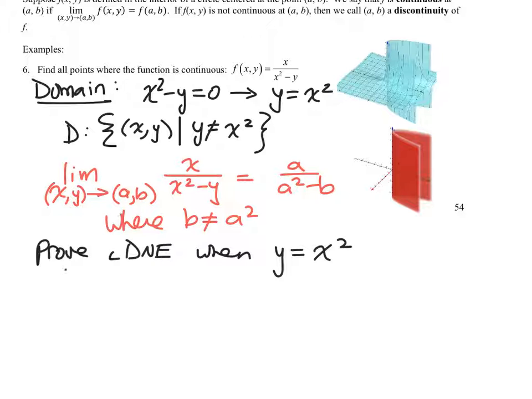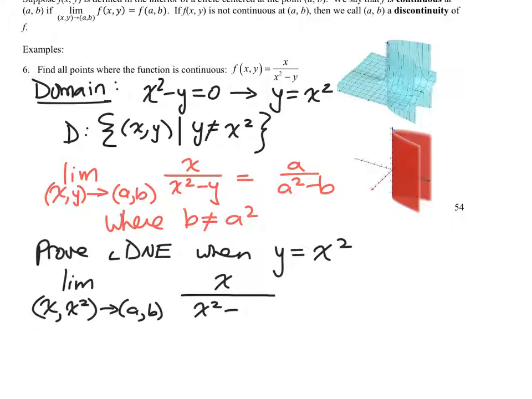But if I were to say, instead of the limit as x, y approaches a, b, I could say the limit as x comma x squared approaches a, b, and then replace all my y's with x squared. I would get the limit as x comma x squared approaches a, b.